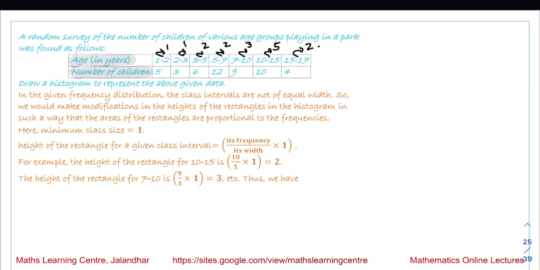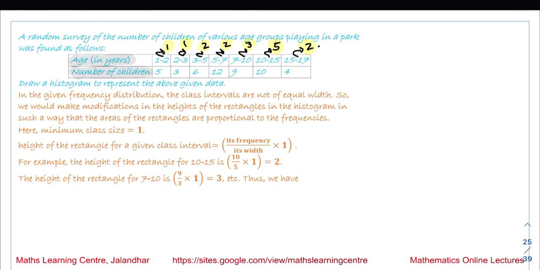So what we see is that the class intervals are of unequal size. Unequal size means that these age groups do not have the same difference, they have different differences.